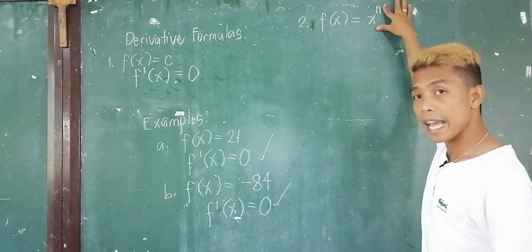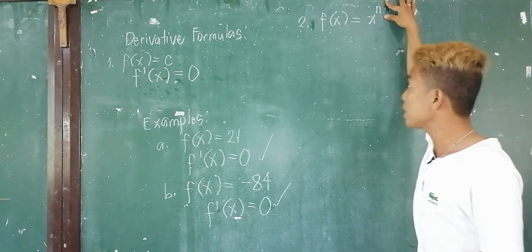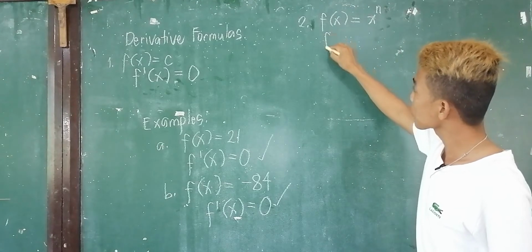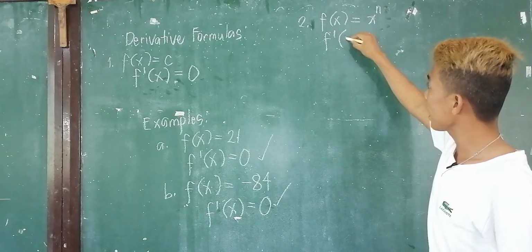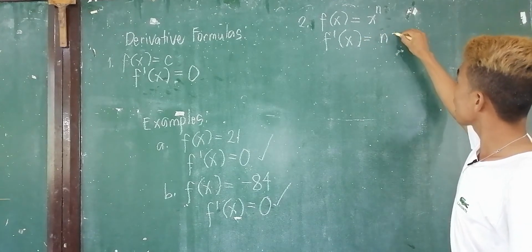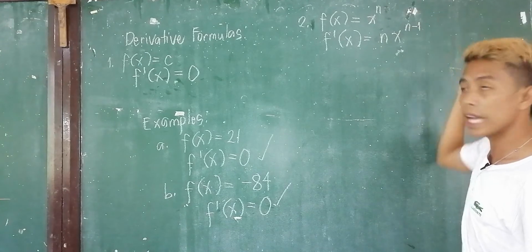May exponent si x and the exponent is n. How do we find the derivative of these kind of functions? The formula is f prime of x is equal to n times x raised to n minus 1.